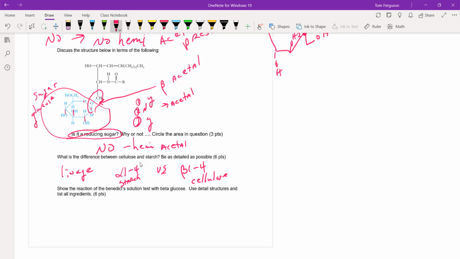Okay, show the reaction of Benedict solution test with beta glucose. Okay, so we start with beta glucose.